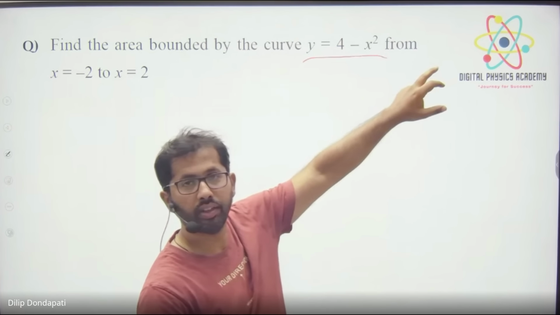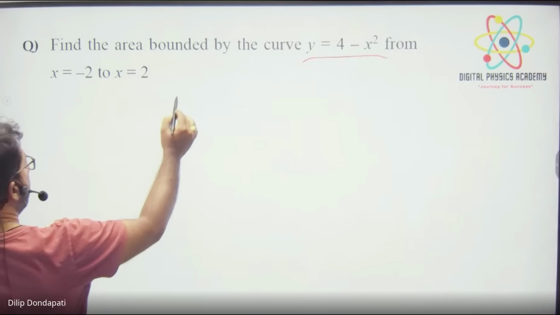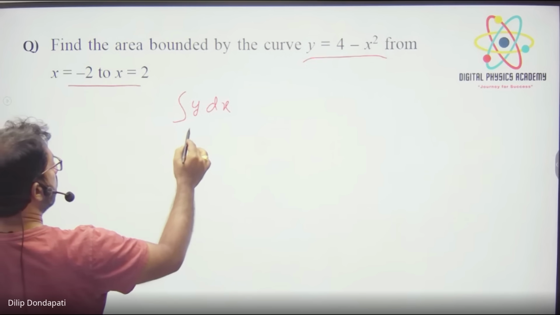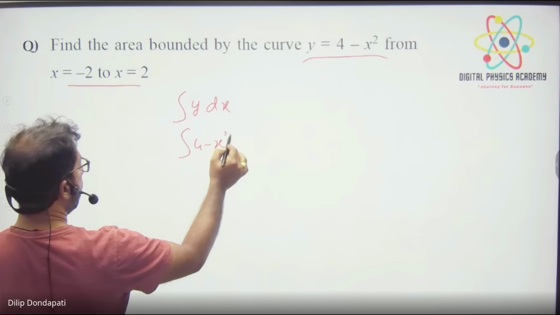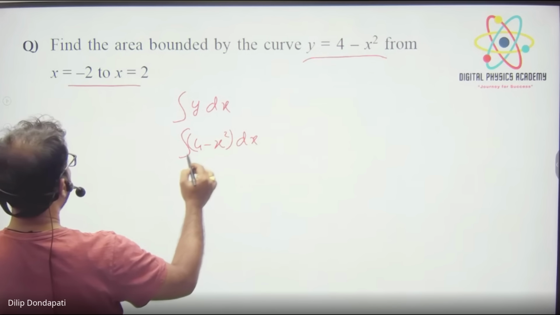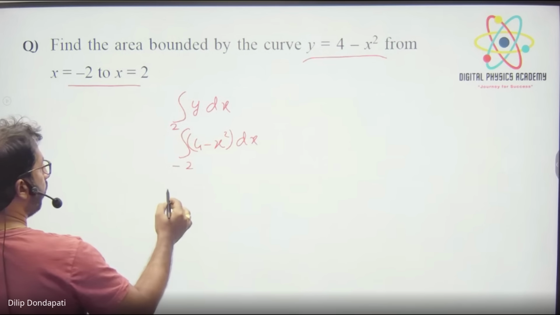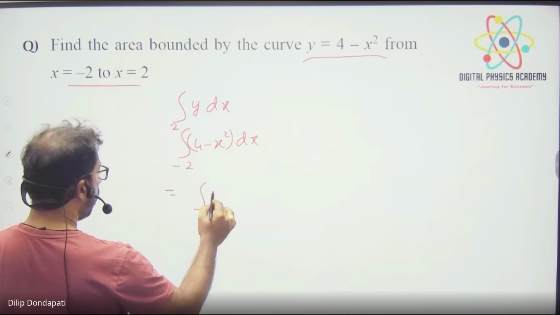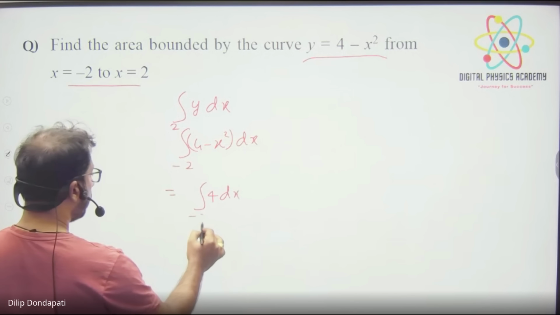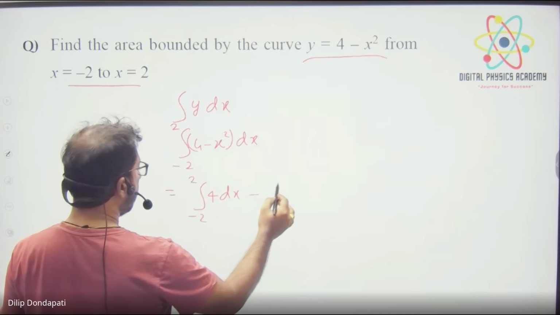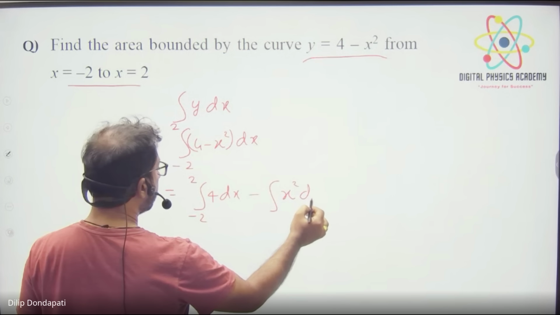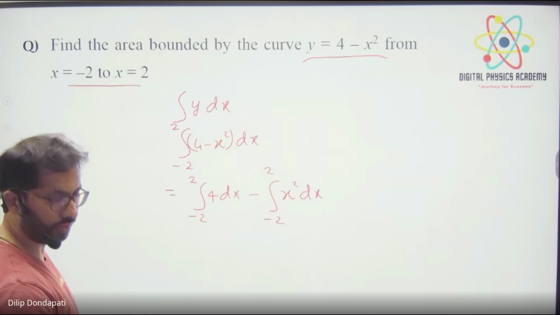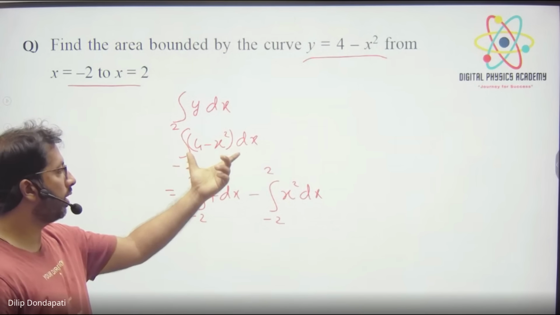You have to integrate the graph to find the area: integral y dx, and then substitute the limits. So integral of 4 minus x square dx, limits from -2 to 2. Now this is algebra. Separate it: integral 4 dx from -2 to 2 minus integral x square dx from -2 to 2. Now solve.